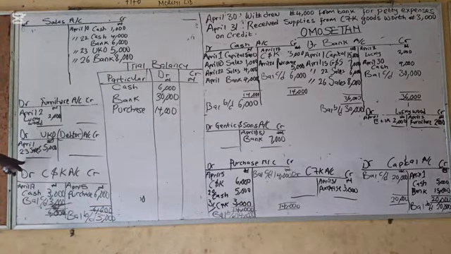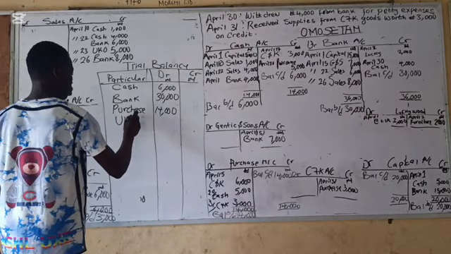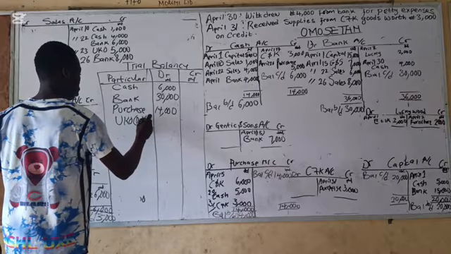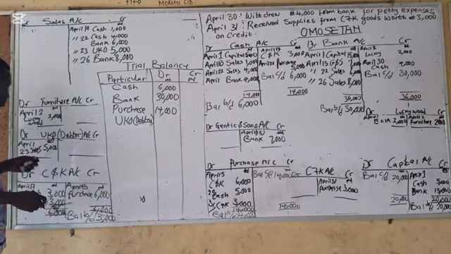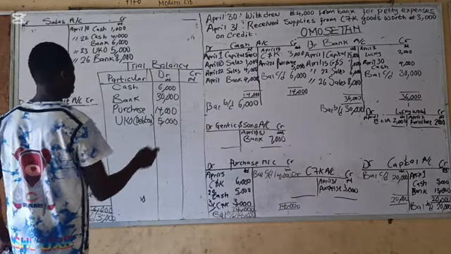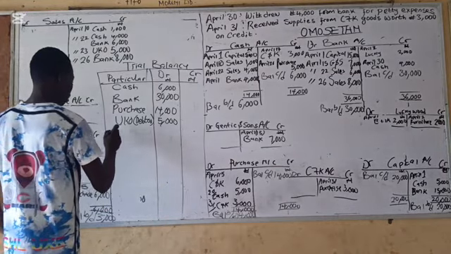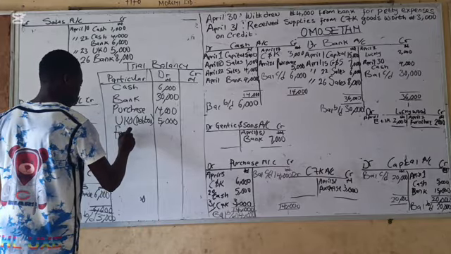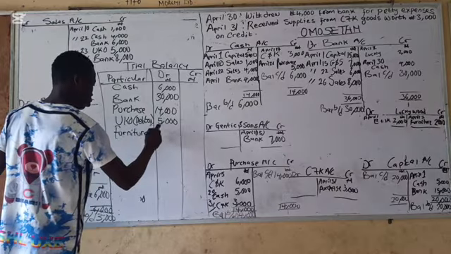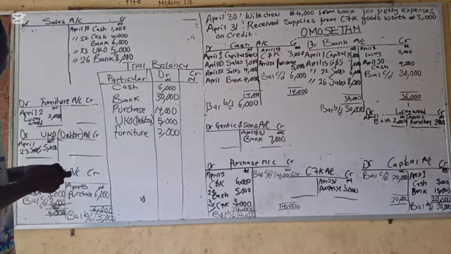The debtor has a debit balance of 5,000 naira. So we have 5,000 naira. Now we have furniture also, 2,000 naira. So we have furniture, 2,000 naira.